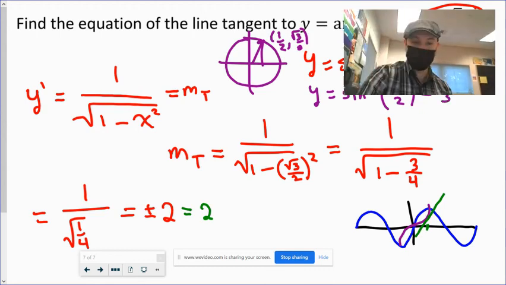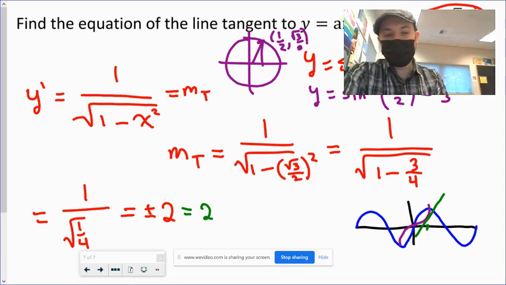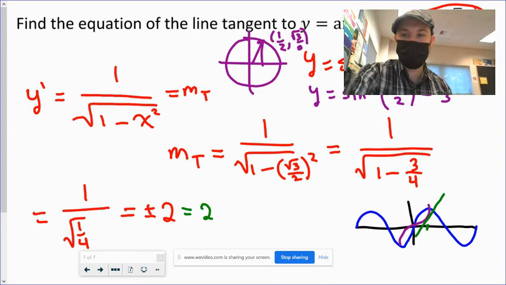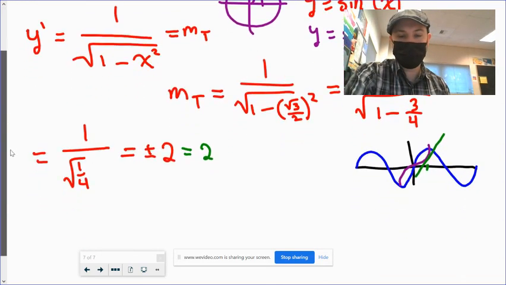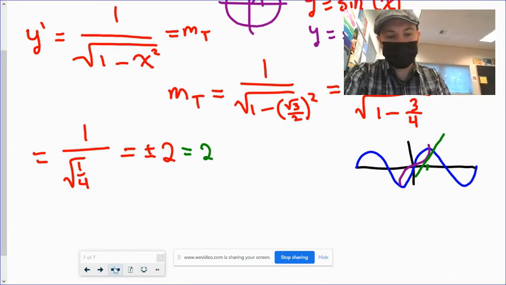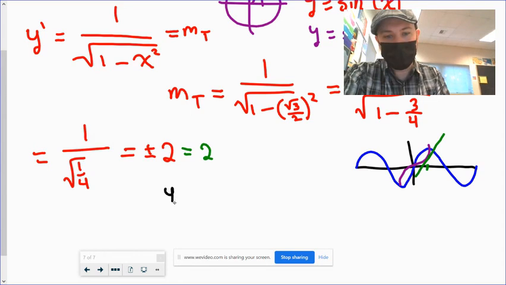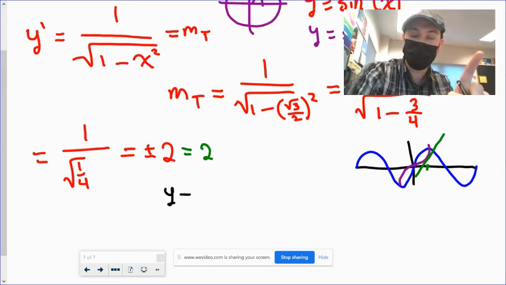All right, so that's my output. The slope is 2, and the point that it travels through is the square root of 3 over 2, comma, y coordinate pi over 3. So let's write the equation to our line. We have y minus y1, so y minus the square root of 3 over 2. No, the output was pi over 3.